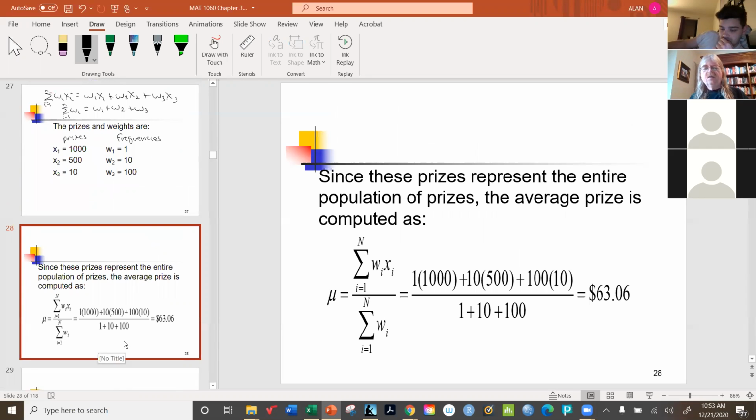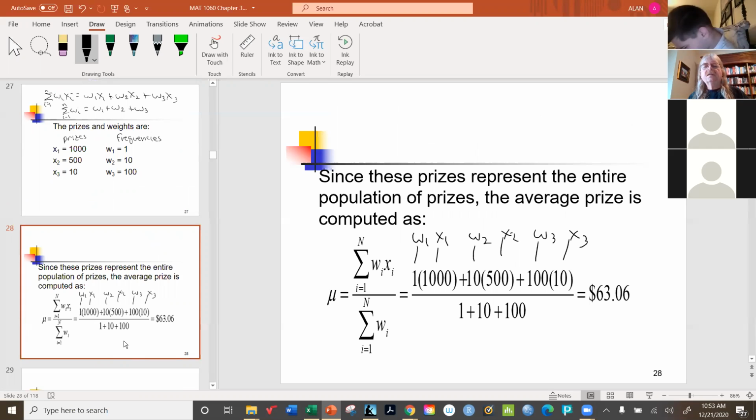Now you can see this is W1 X1, W2 X2, W3 X3. This is W1, W2, and W3. And you can see, far from being $503, it's only $63.06. So why is it so much lower than what we had before?